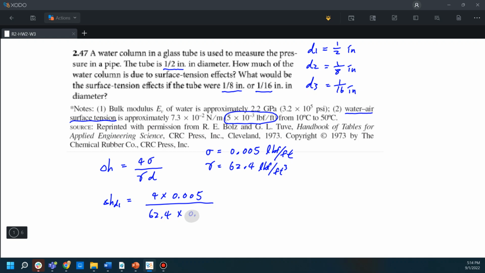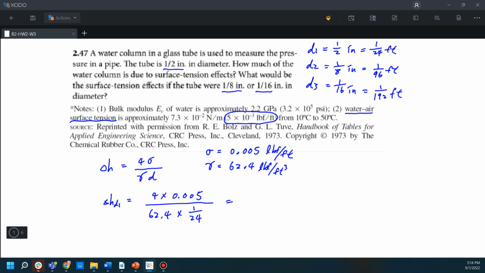Because we want to use the units in feet, 1/2 inch is 1/24 feet, and I just change all the values first. This is equal to 1/96 feet. This is 1/192 feet. Okay, so we just plug in D1 here, which is 1/24.